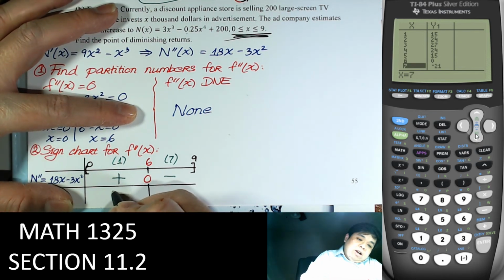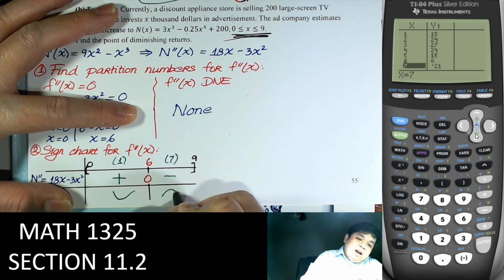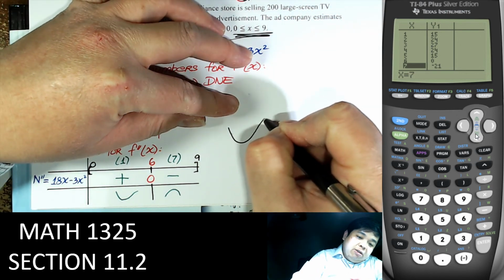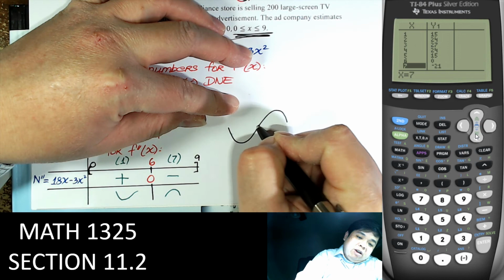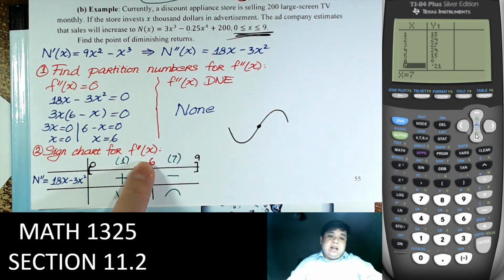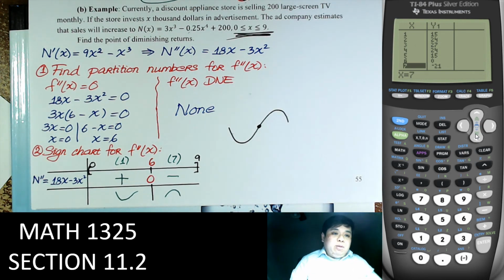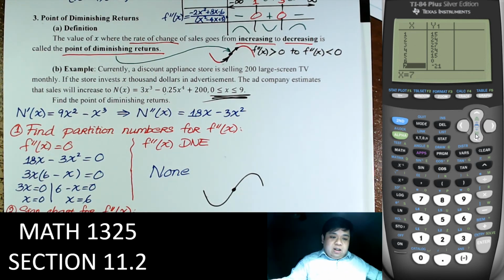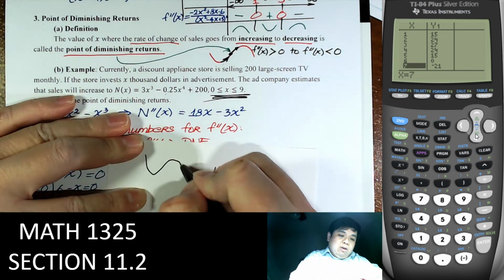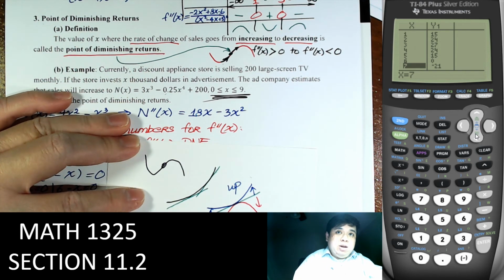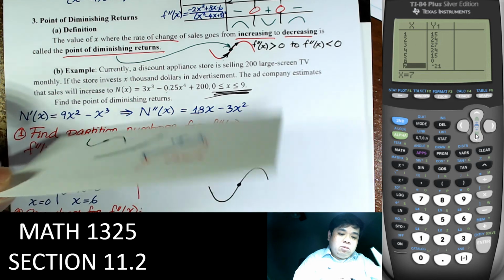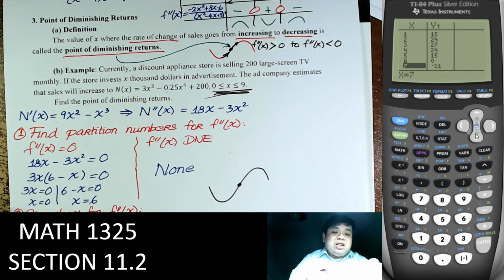So we have concave up to concave down. And so on the graph we do have concave up to concave down. So we do have the point of diminishing return at 6, right? Remember, it's only this direction. The other direction is not. Sorry, I'm confusing myself.